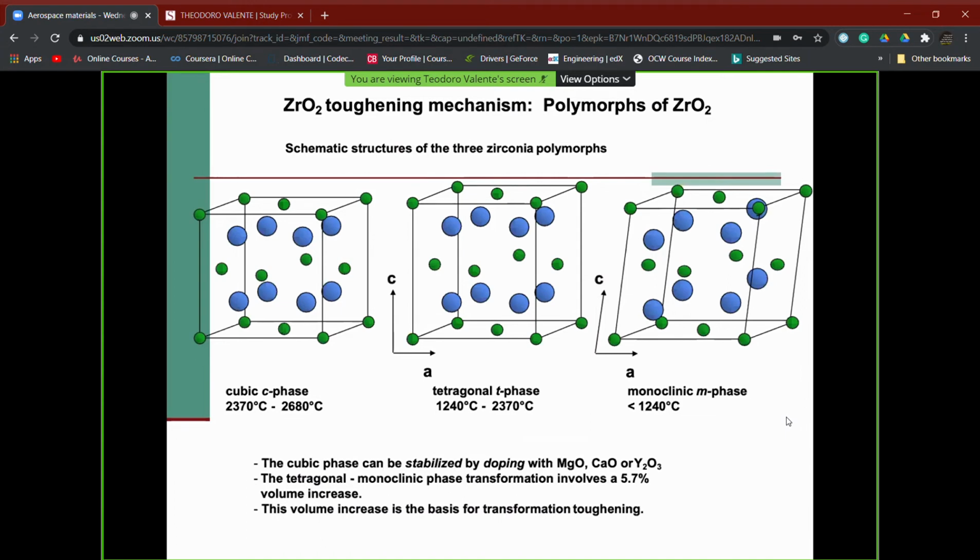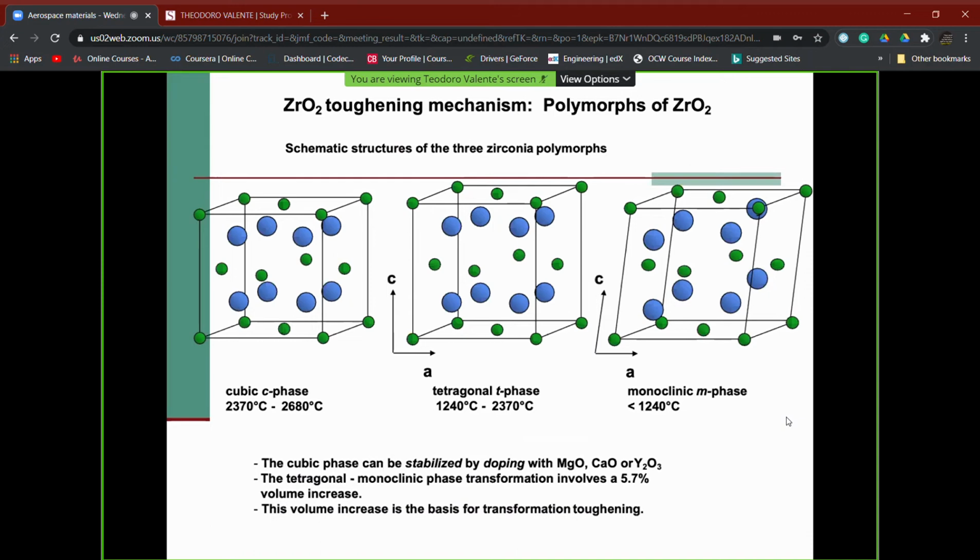If we think very simply that 1000 is the maximum working temperature of the superalloy, we use the zirconia to increase the gas temperature by something around 250 or 300 Celsius. This means that the working temperature of the zirconia is just around the transformation temperature. And if the transformation occurs, the zirconia will break, and if the zirconia breaks, we will no longer have the thermal protection of the nickel-based superalloy. So we need to do something.